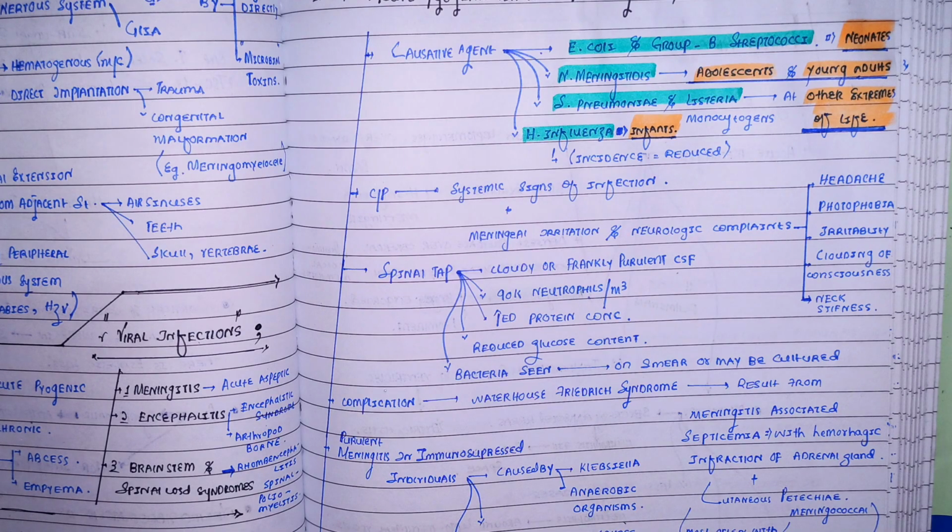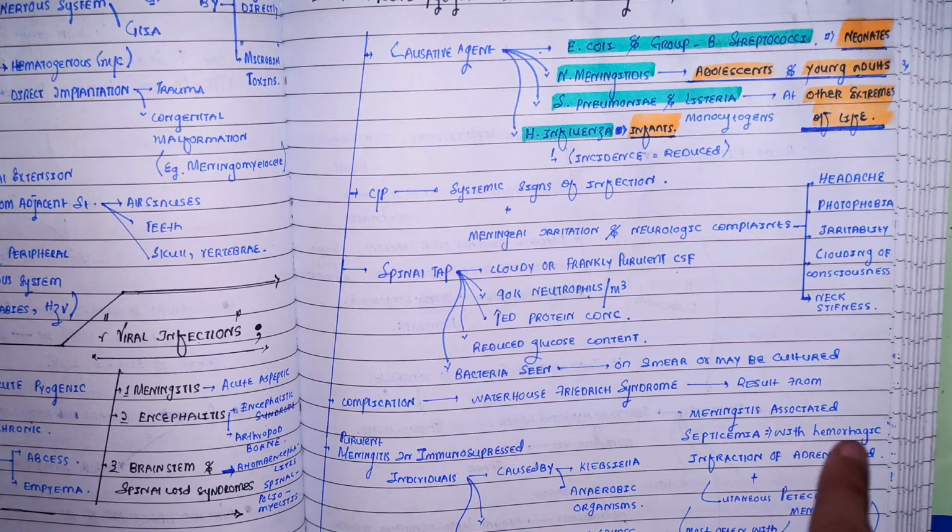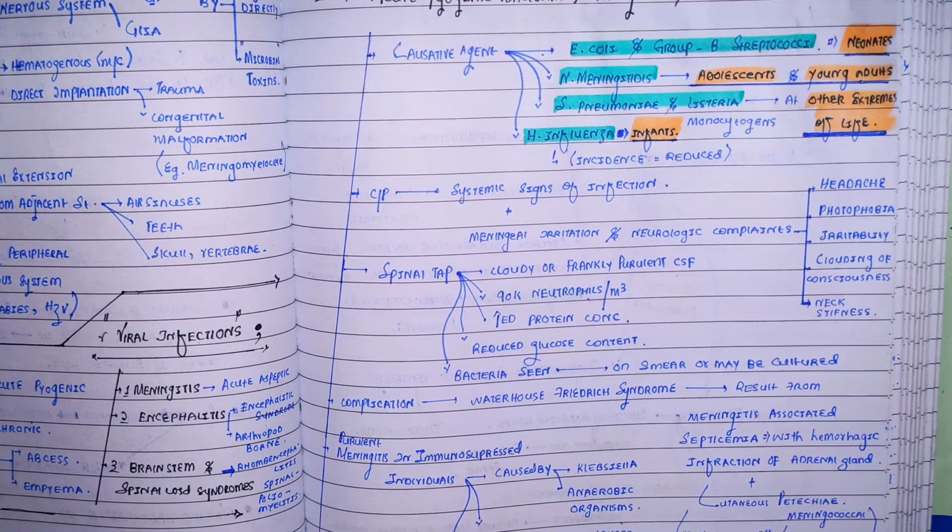If you are suffering from acute pyogenic bacterial meningitis and keep it untreated, the microorganisms will get out from the meninges and spread all over the body. That is the septicemia. And there will be hemorrhagic infarction of the adrenal glands, number one association.